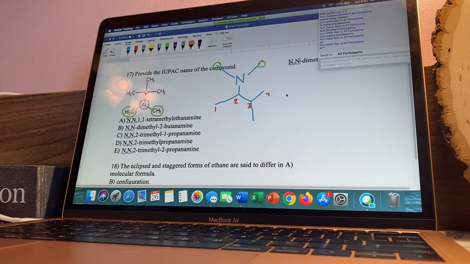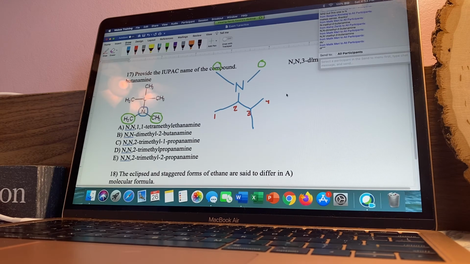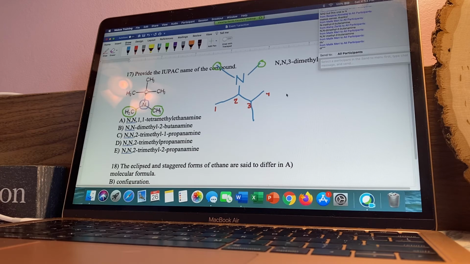So you have 1 methyl group coming off of the nitrogen, you have another methyl group coming off of the nitrogen, and then you also have another methyl group coming off of the 3rd position. Does this make sense? So it would be N-3 trimethyl 2-butanamine. Exactly, Aisha. So does this kind of lead you toward how you would answer number 17?